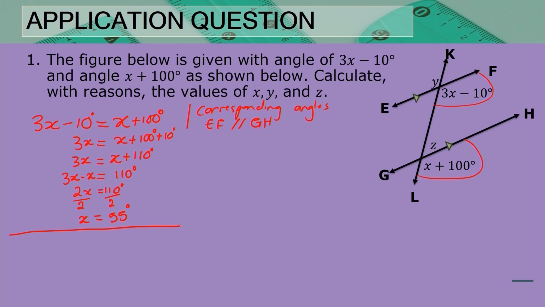Now let's calculate the value of our y and our z. Now, because we found the value for x, that means that we can find the actual value for this angle here and not only work with an expression. So we have 3x minus 10.